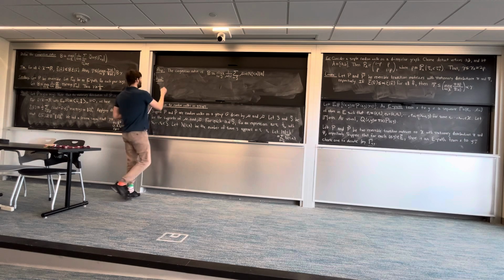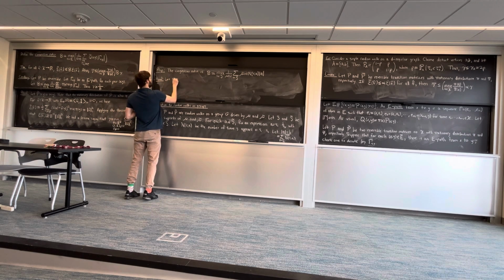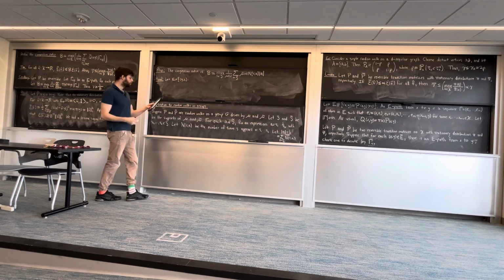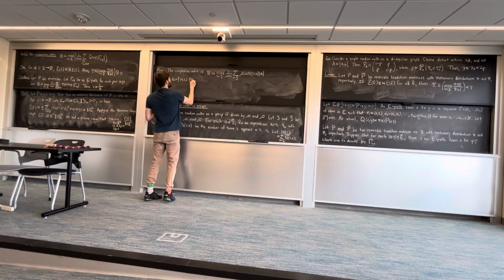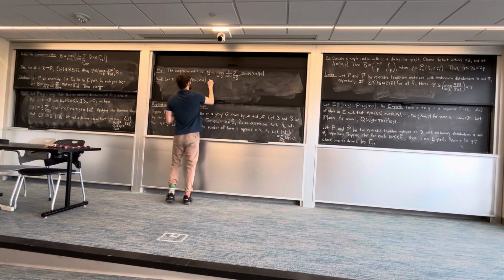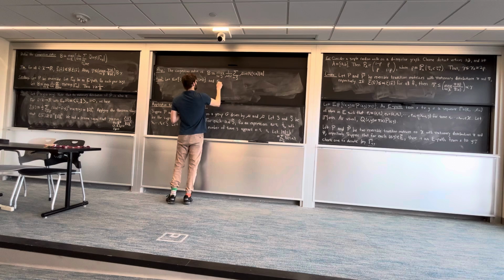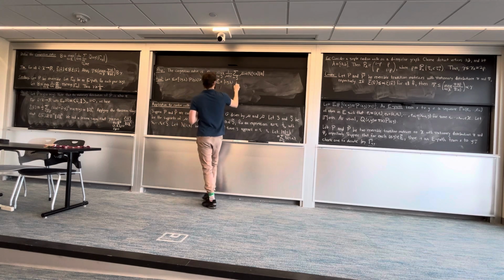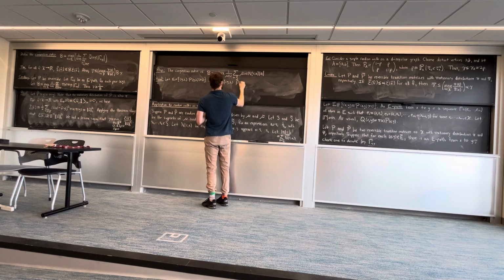So let E be the set of edges G, H such that the probability of going from G to H is positive, and similarly E tilde is the set of G, H such that the probability in P tilde of G, H is positive.